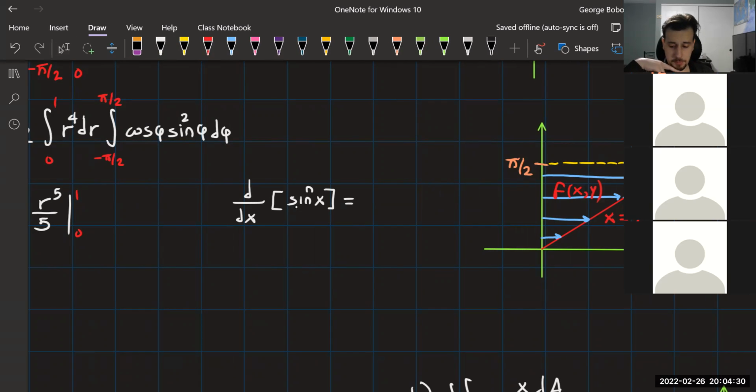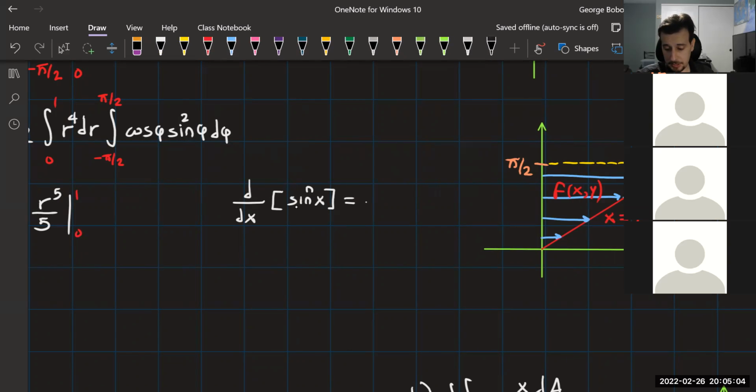I wanted Leah to tell me, but this is a constant. Remember your chain rule. It has to come to the front. Give it a try. So the constant here has to come to the front.